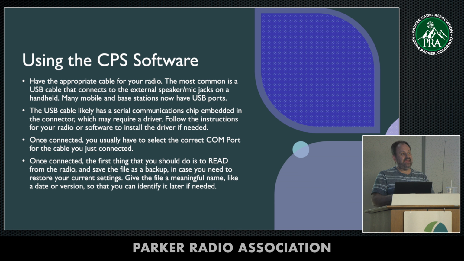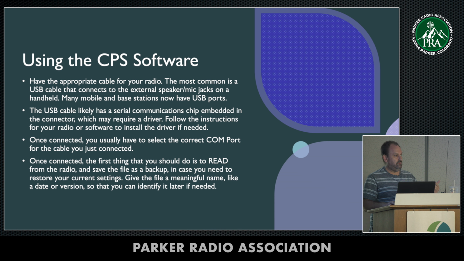So I always put the date and the firmware version in the file name every time I save the file. That way, if you needed to go back to your last version, you can know immediately from the file name which one it is. So make sure that you keep track of which radio, which firmware version, what date each of those code plugs are.